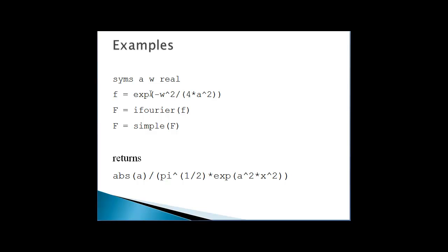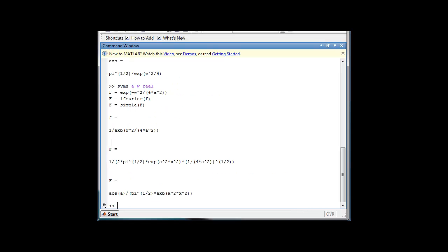So keep in mind. Now we have to declare the variables that we are using: a, w and real. So I write syms a w real. Then my output F will be equal to ifourier of f, and f equal to simplify of f also. So it will return the inverse transform of f.